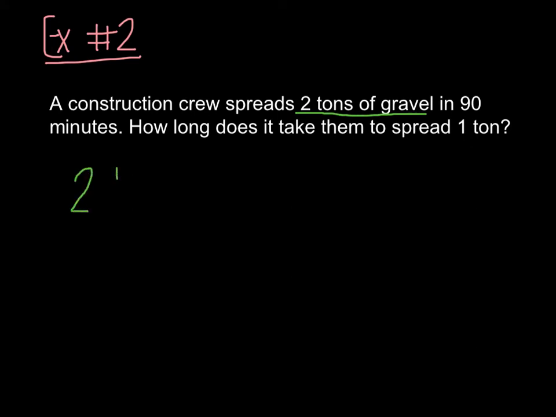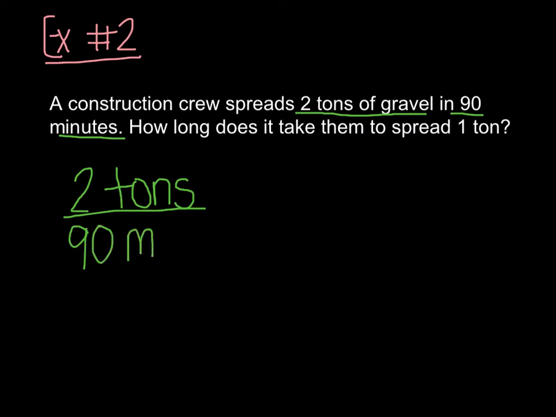Now remember, when you do ratios, whatever comes first in the sentence, that's what you put first. So we have 2 tons first, and they can do that in 90 minutes. So we have 2 tons over 90 minutes. And then it says, how long does it take them to spread 1 ton?